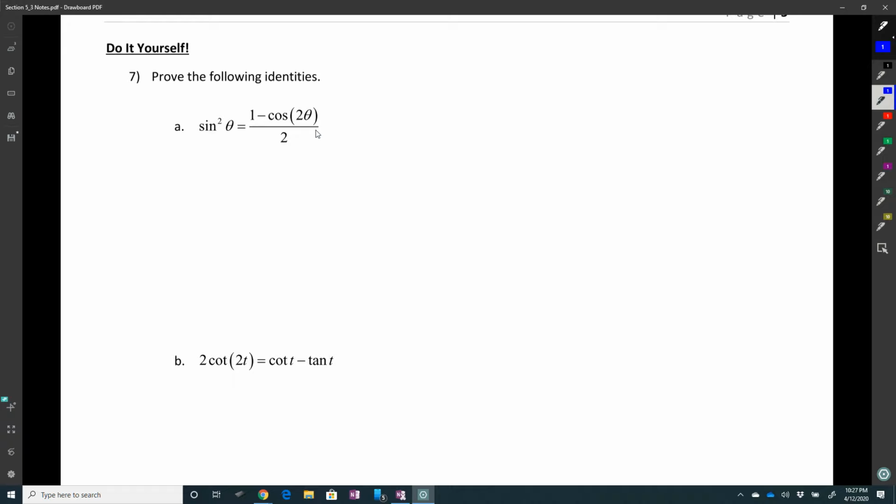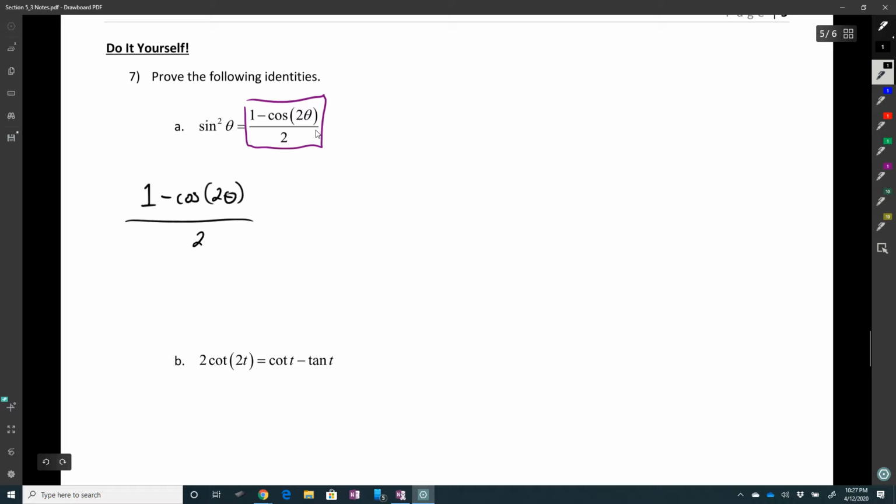And let's work with the more complicated side and see what we get. Cosine of 2 theta over 2. Remember, cosine of 2 theta has 3 different forms.